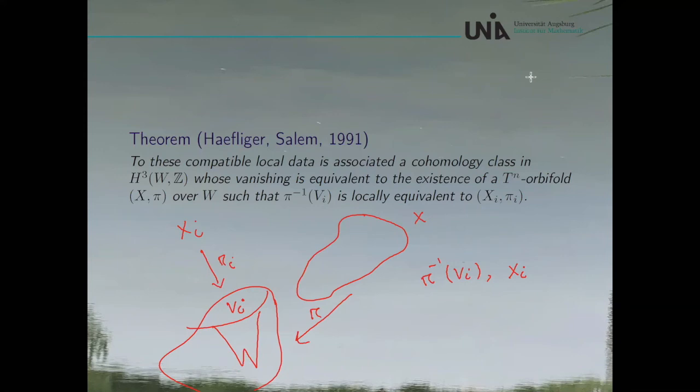So I have a two-dimensional manifold, and if I can construct such compatible local data for my manifold, then I have this condition for free, because it is the third cohomology class of a two-dimensional manifold, and it is 0. Therefore, my main challenge is to find these compatible local data for this two-dimensional manifold with these prescribed weights that I have.